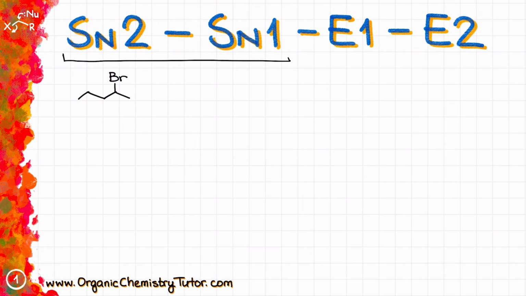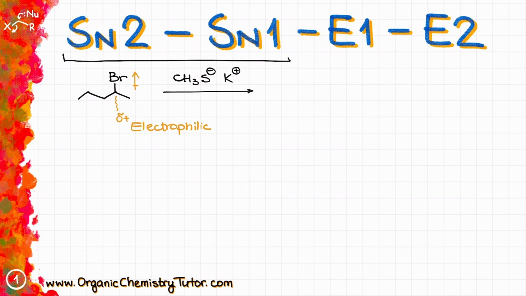Anyways, my 2-bromopentane is a good example of an electrophile. How do I know that? Well, bromine has a high electronegativity, so bromine pulls electron density towards itself. That means that the carbon attached to my bromine is going to be partially positively charged, which makes it electrophilic. So if I have some sort of nucleophile present in the system, I can easily have that species react with said nucleophile.